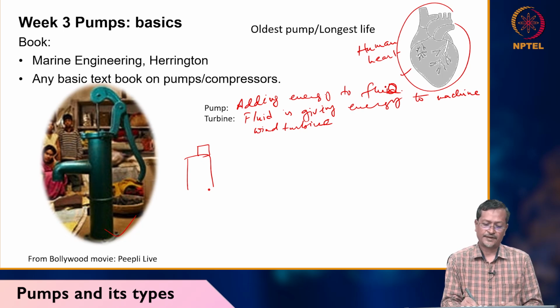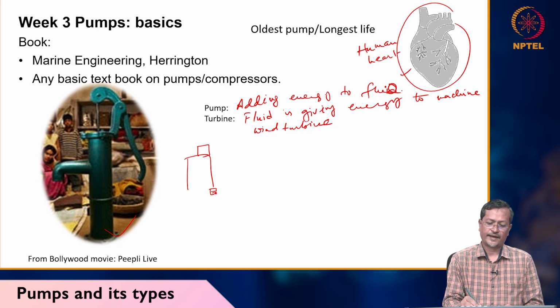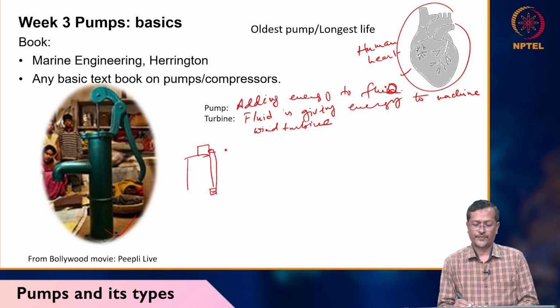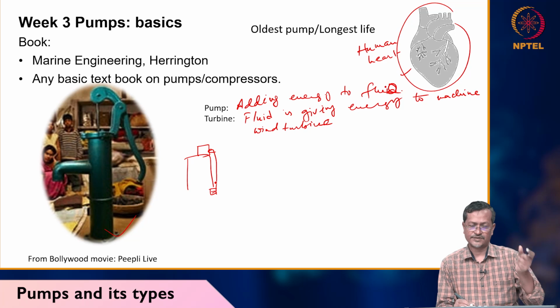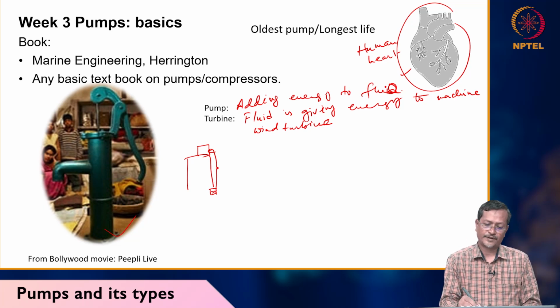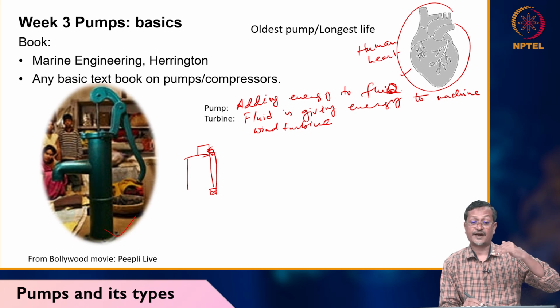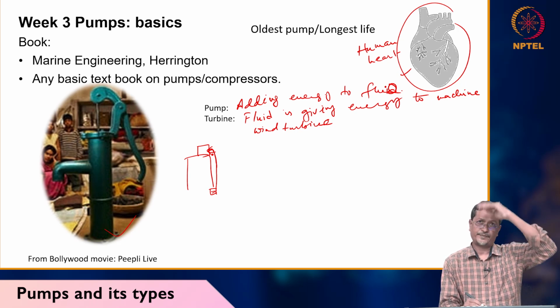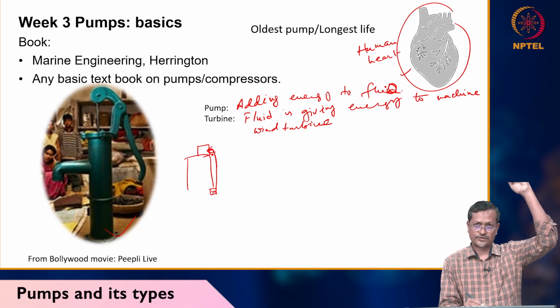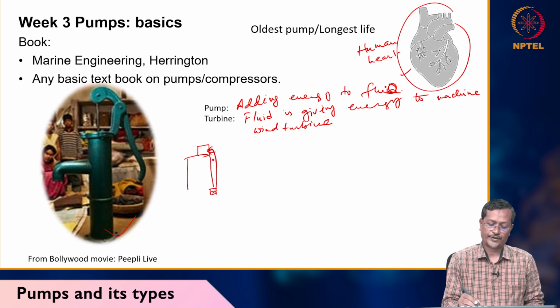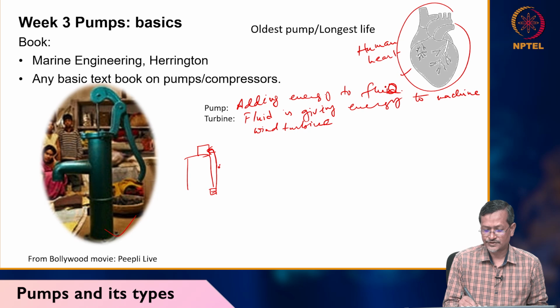The pump will be installed at the bottom and it will be delivering fluid to the top. That means some electricity or some energy will be required to deliver the fluid to the top, because you are increasing the static head or pressure of the water, so that water will reach the tank height. So you are giving energy.